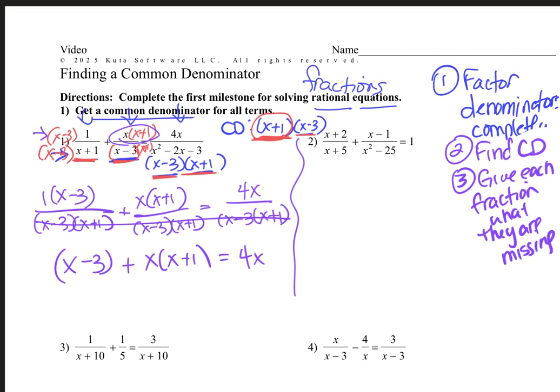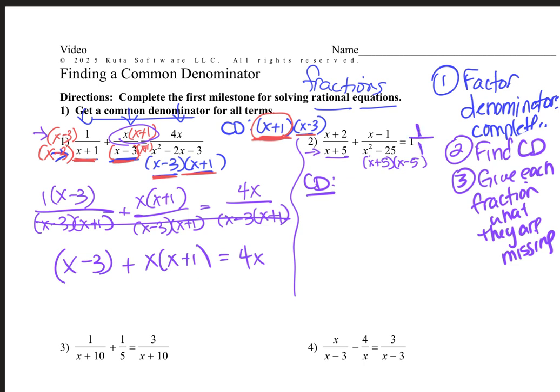Okay, so I'll try to do this one. The space here isn't great, so I'm just going to write my common denominator here for this one. The first one is factored. Remember, we only look at the bottom. We have to factor this one. This is difference of squares, x plus 5, x minus 5. And then 1, it's not a fraction, so I make it a fraction, 1 over 1.